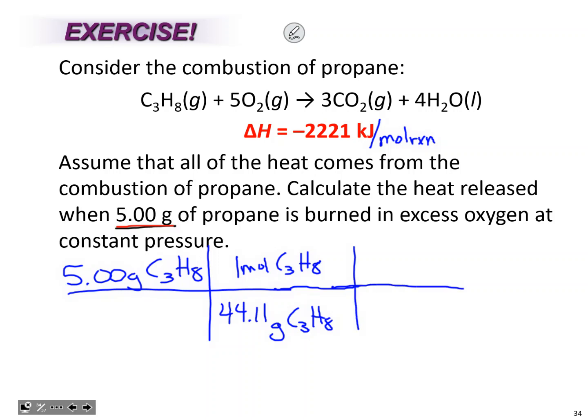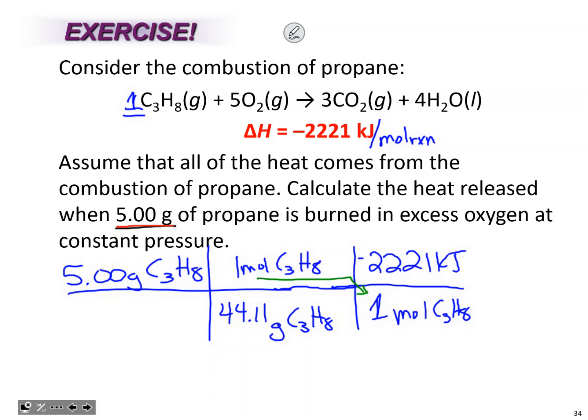Now, this is the part where you take your mole of propane and diagonal that down here. Mole of the propane. And we know 1 mole of propane generates 2,221 kilojoules of heat. Now you can leave the negative sign in here.